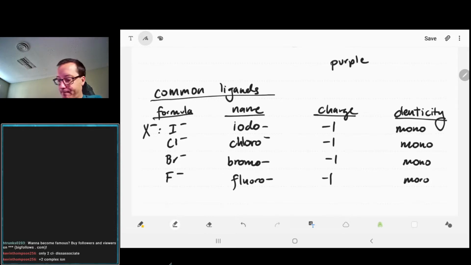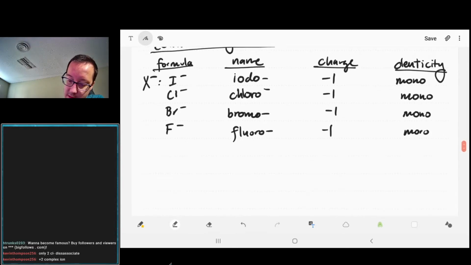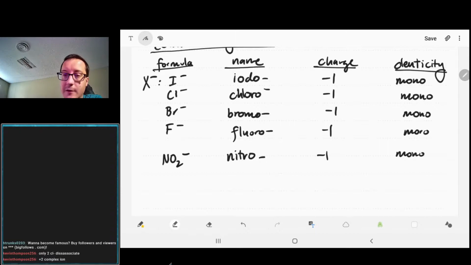All right. We have a couple more ions here. We have nitrite, which in coordination compounds becomes nitro. It's also monodentate with a -1 charge.